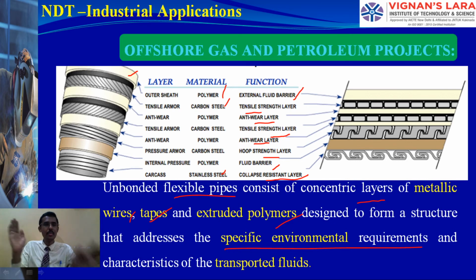Because water keeps touching that pipe 24/7, it is in contact with that water. Definitely there is corrosion. It will erode those pipes. So it has to be a very corrosion resistant material first to be installed. Maybe as given, polymer, or stainless steel materials we can use, with multiple protection layers and barriers.